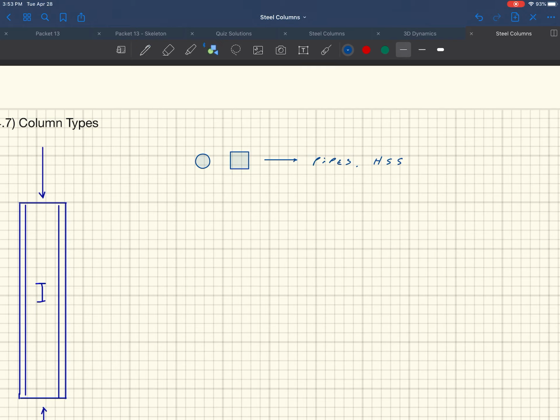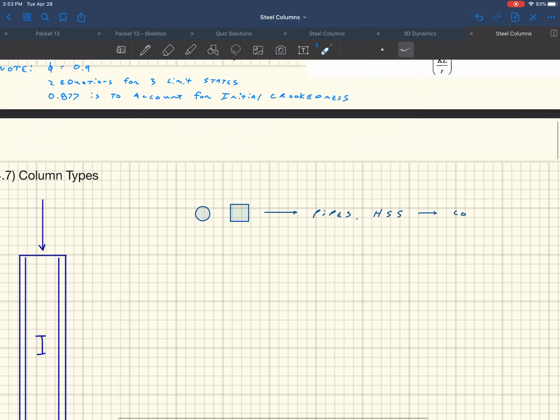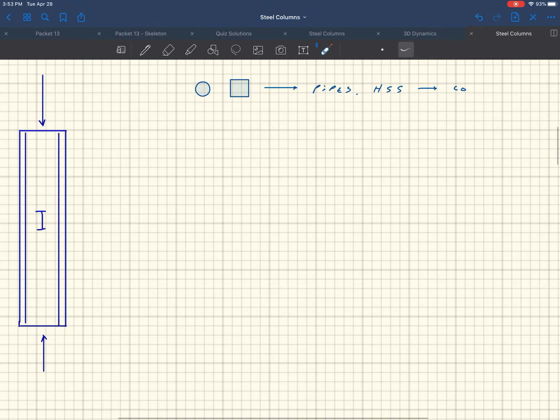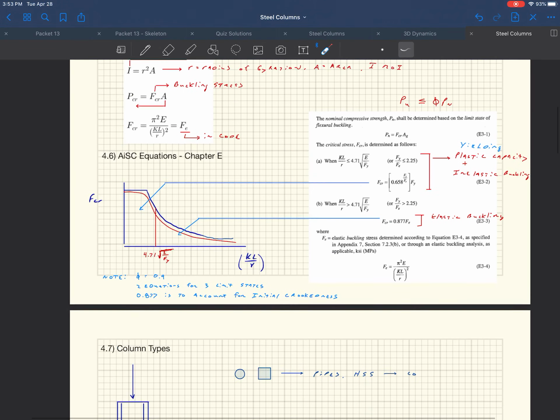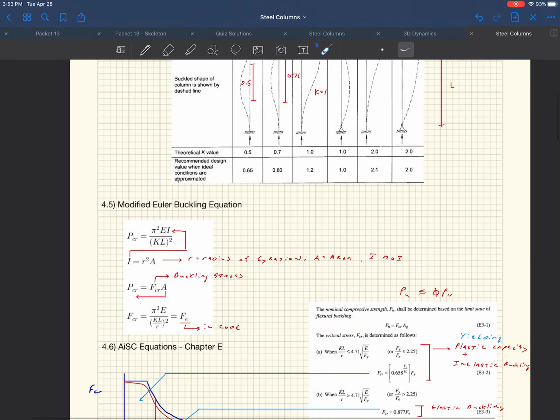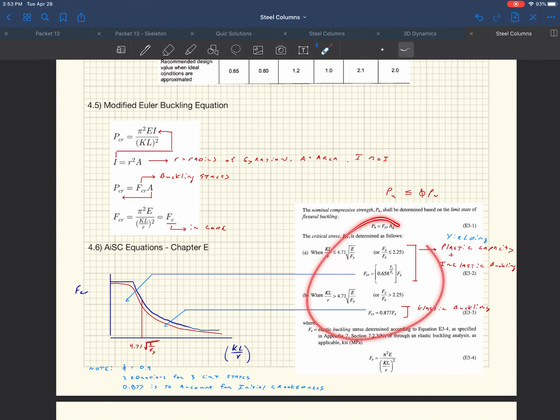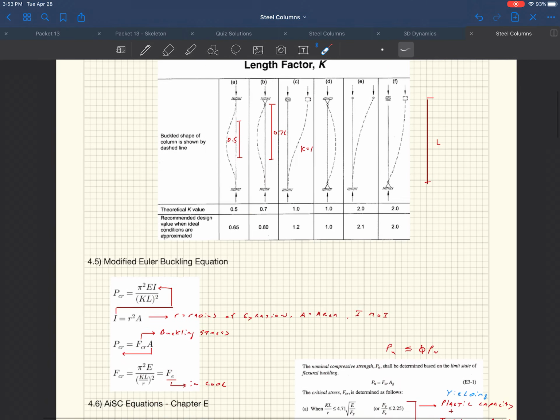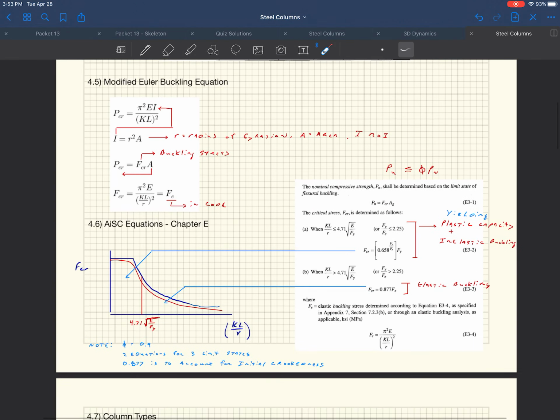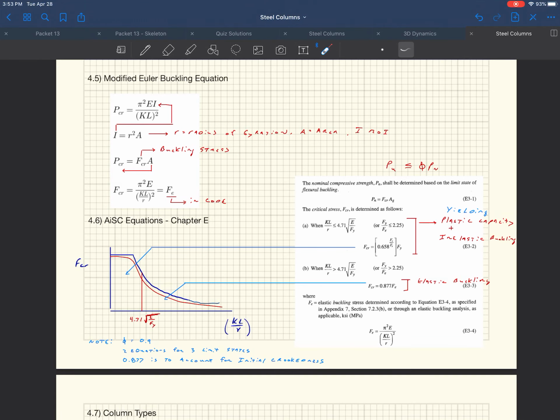I keep calling these things columns, but really, even when they're talking about column design and different types of columns, these are all compression members. Any kind of compression member has the capacity like this, calculated according to this methodology. You have to worry about buckling, and you have to worry about yielding.